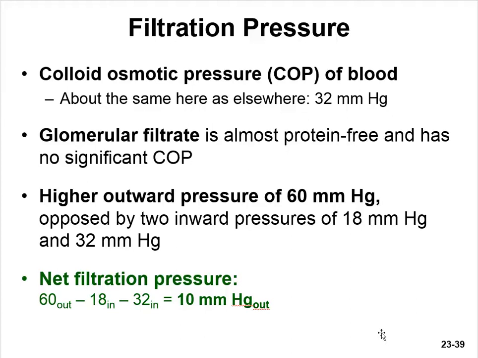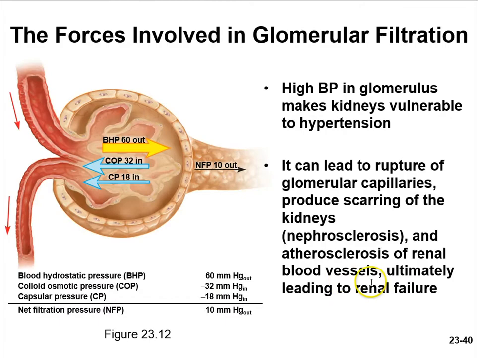So then on balance, we have a high outward pressure of 60 millimeters of mercury, opposed by two inward pressures of 18 and 32 millimeters of mercury, which gives a net filtration pressure, or NFP, of 60 out minus 18 in minus 32 in of 10 millimeters of mercury out, shown in the diagram like this.